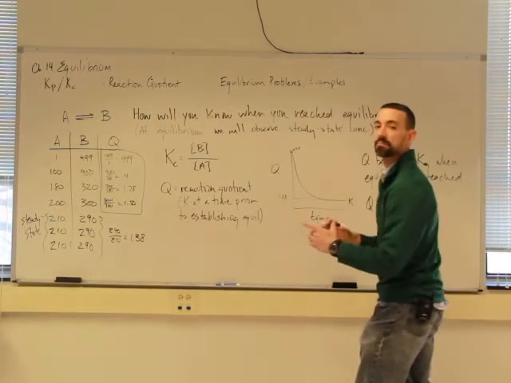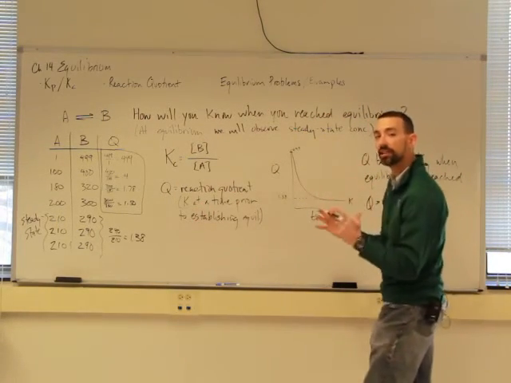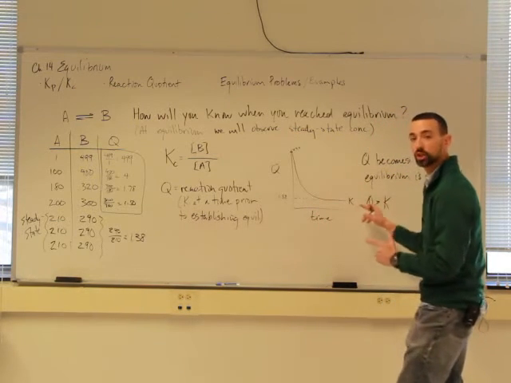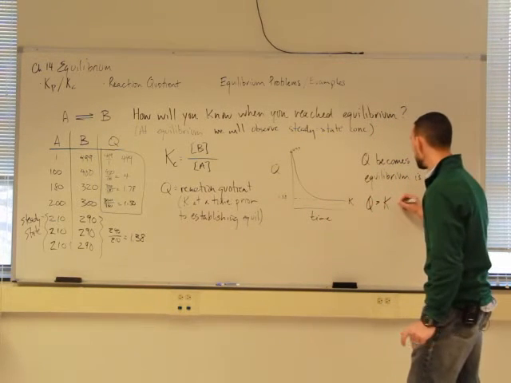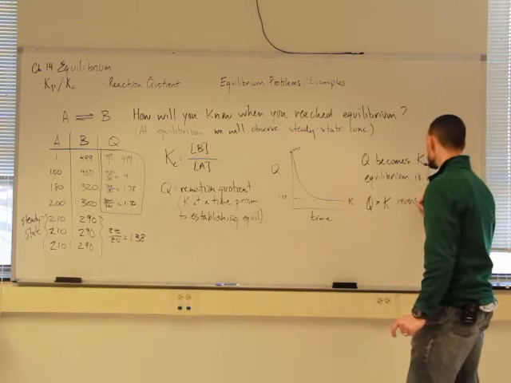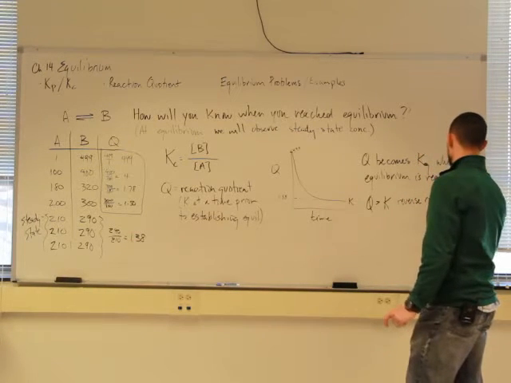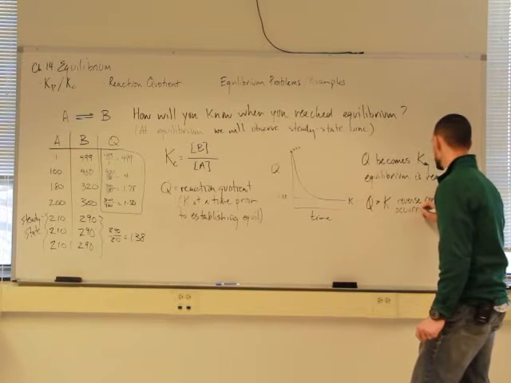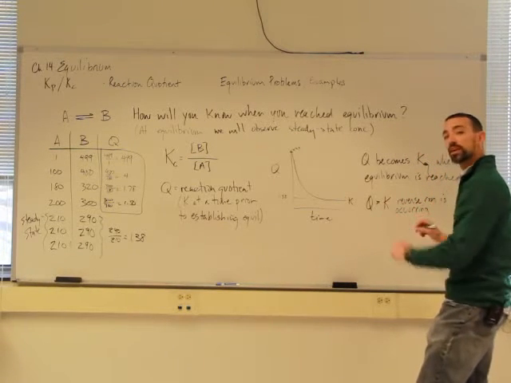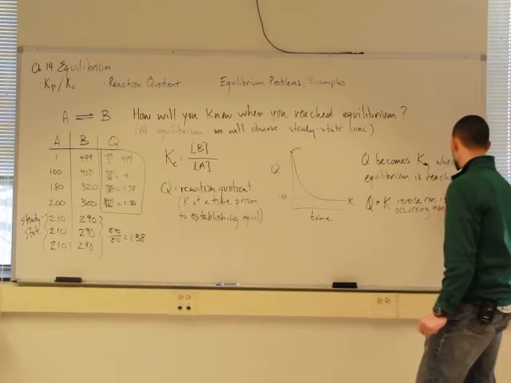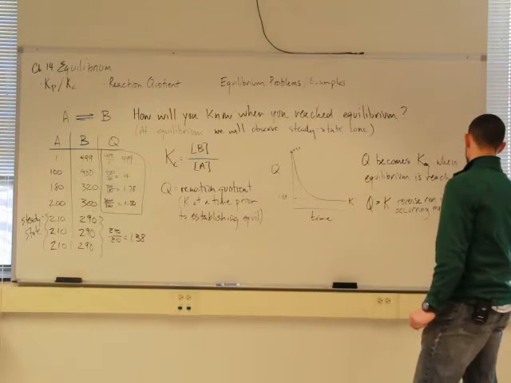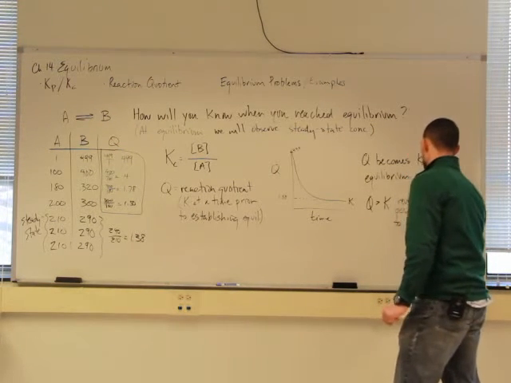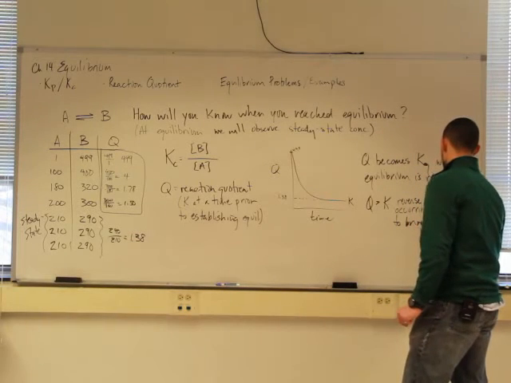So anytime now that you check in on any reaction and Q is bigger than the equilibrium constant, your reverse reaction is the one that is occurring to bring you to equilibrium. Now they're both occurring, but it's occurring more rapidly to bring the system to equilibrium.